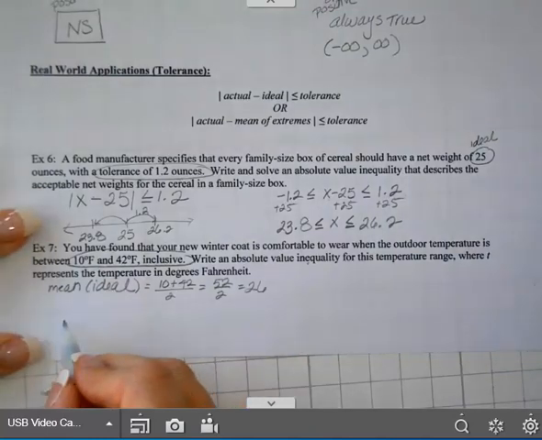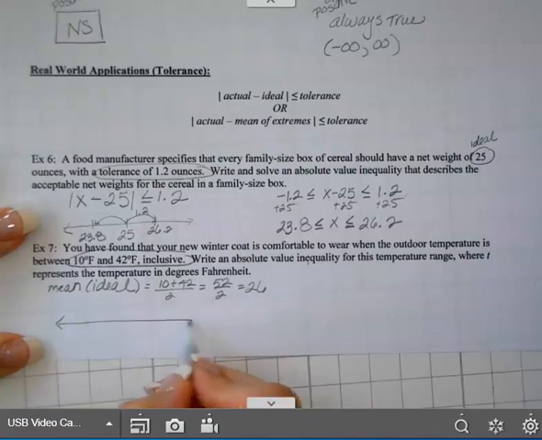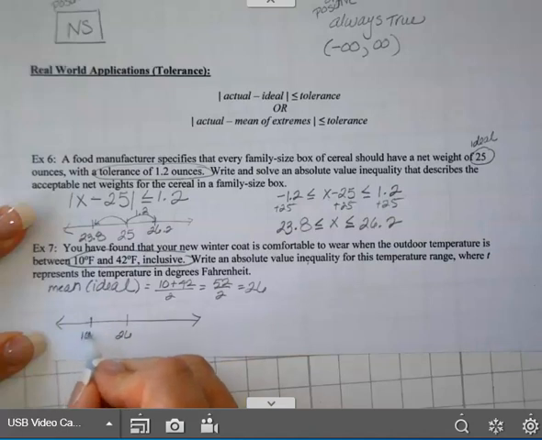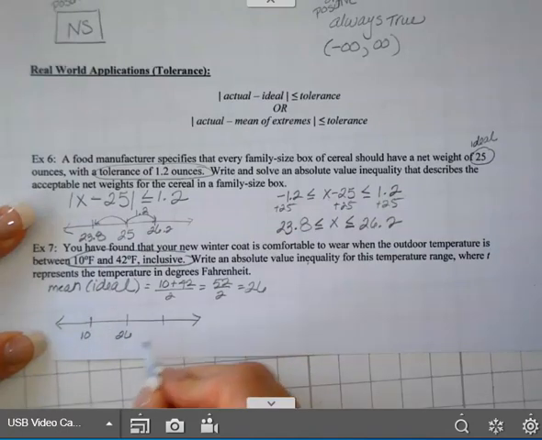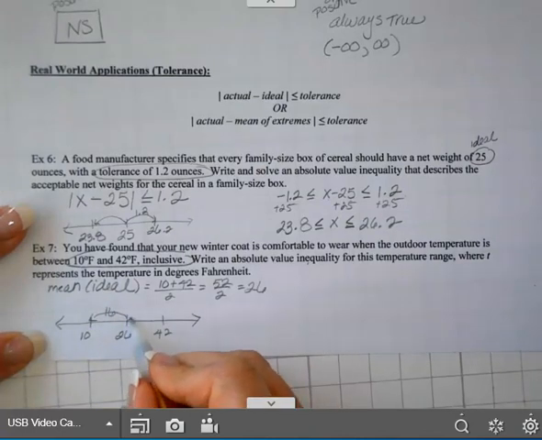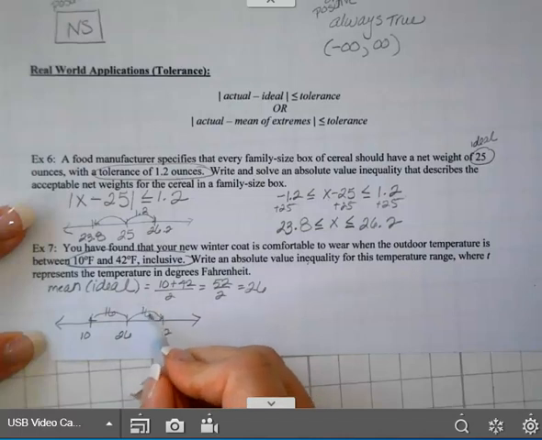If I were to draw a picture of this, 26 is my mean, and I know my lower and upper bounds were 10 and 42. So the distance from 26 to 10 is 16. That's my tolerance. My distance from 26 to 42 is also 16.